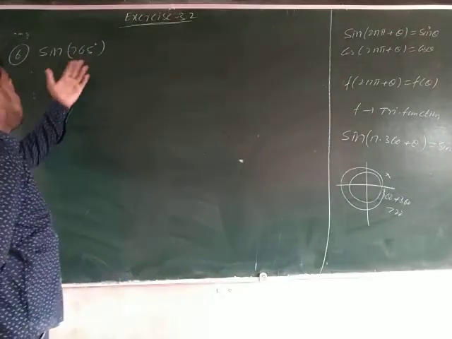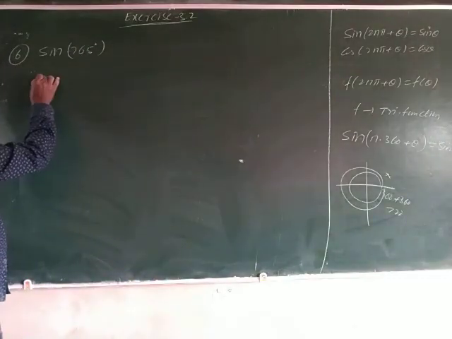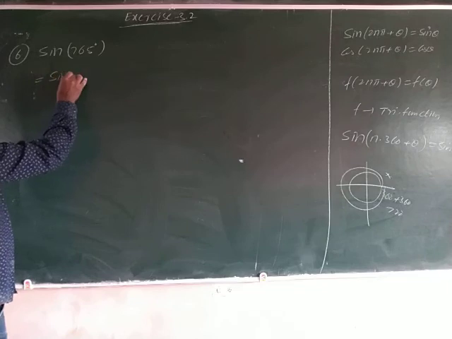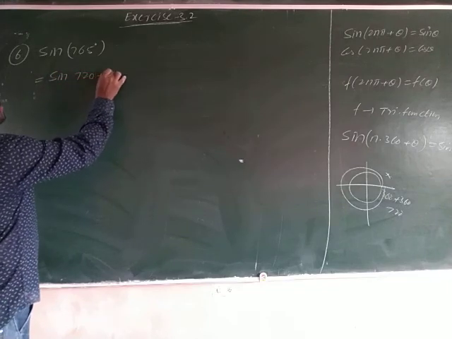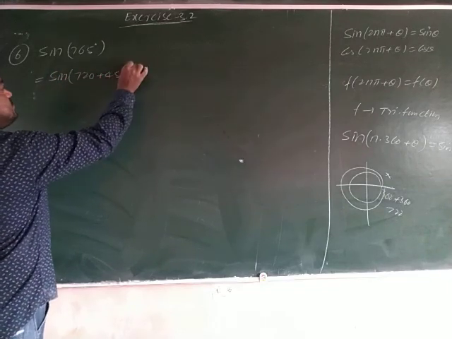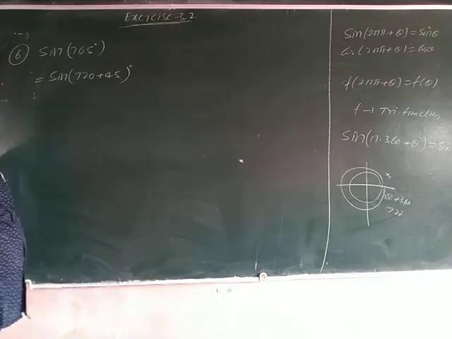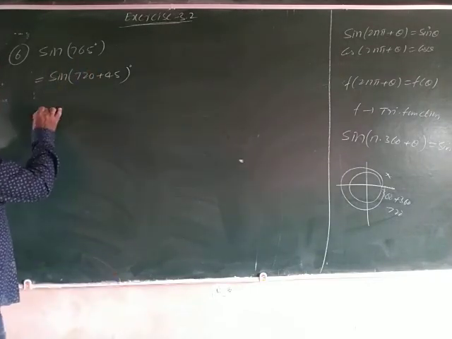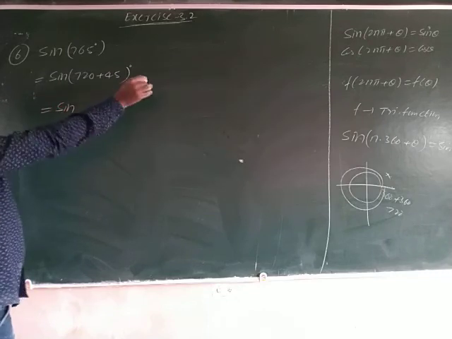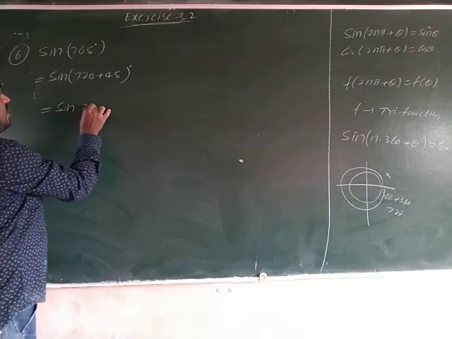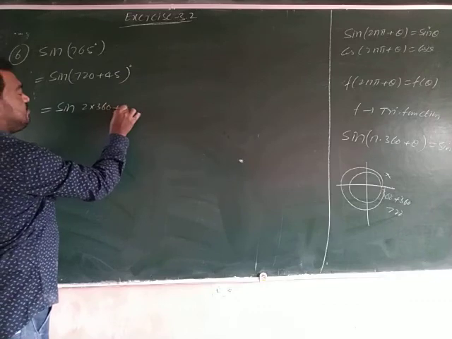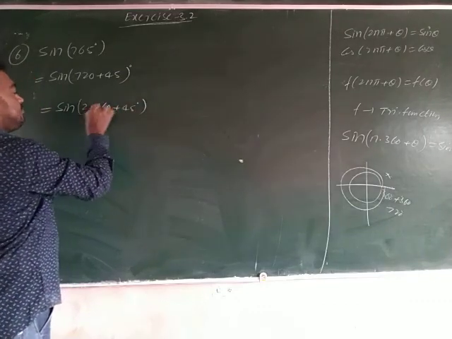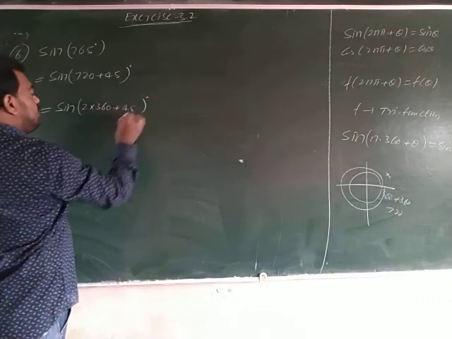So here, sine 765 is equal to sine of 720 plus 45, which is 2 into 360 plus 45 degrees.